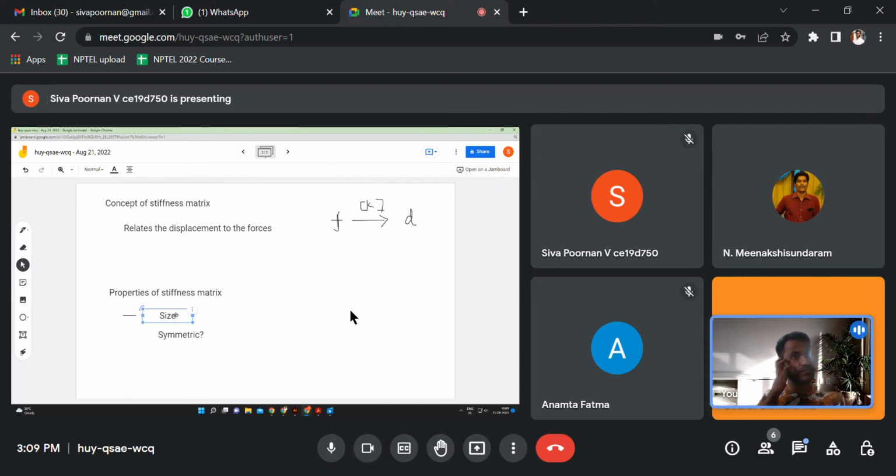Size is another question. And then what else can we ask? What will be the determinant of the stiffness matrix? And another question could also be, is it always a square matrix, right?